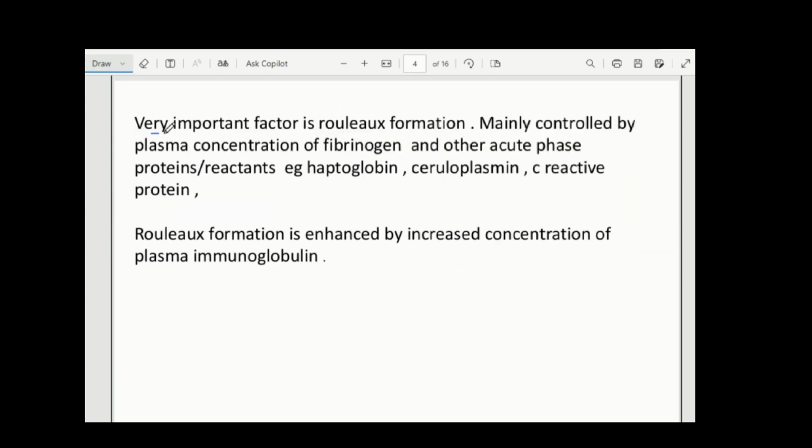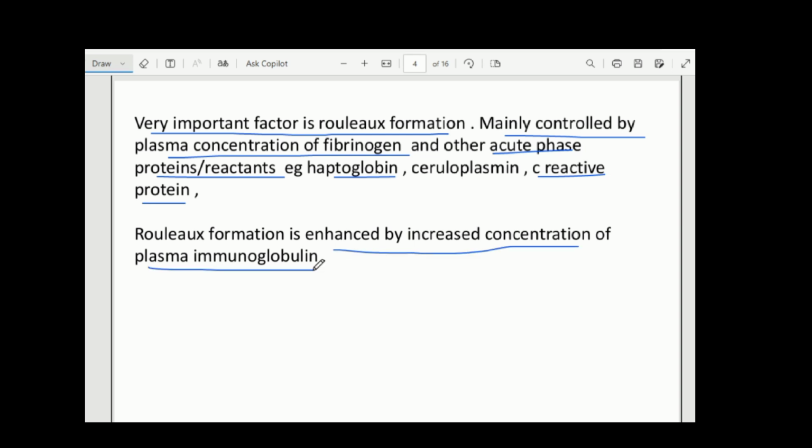Rouleau formation is mainly controlled by the plasma concentration of fibrinogen and other acute phase proteins like C-reactive protein, haptoglobin, and ceruloplasmin. Rouleau formation is enhanced by increased concentration of plasma immunoglobulins, which means antibodies. When antibodies increase, rouleau formation is enhanced.